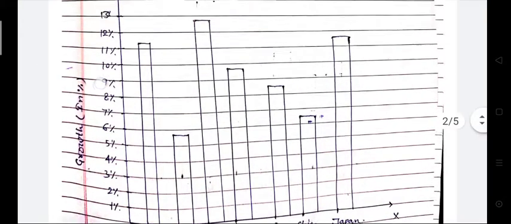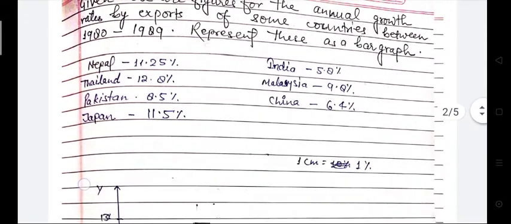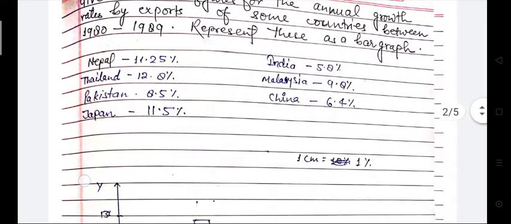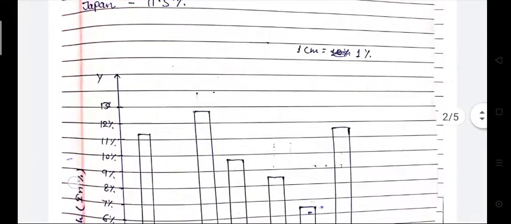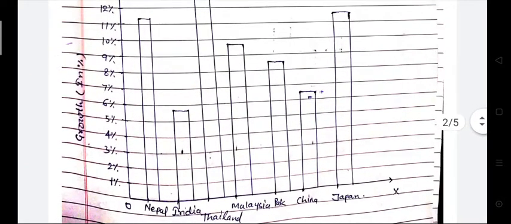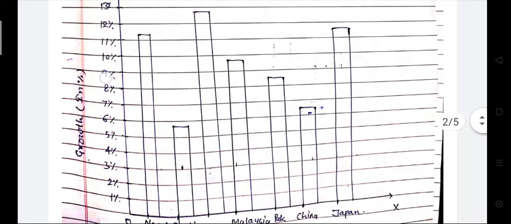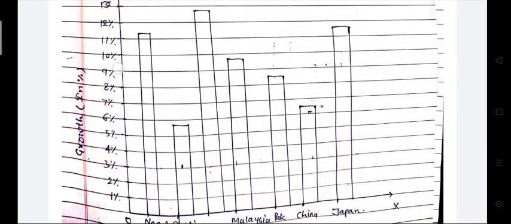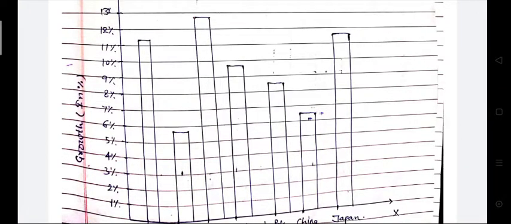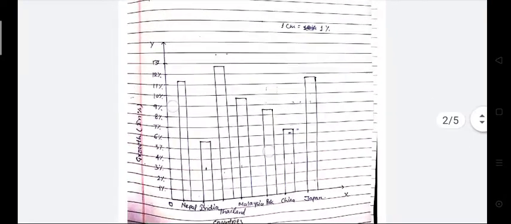As in the data it is given that the growth rate of the country Nepal is 11.25%, its bar is given here for Nepal. Here we can see the point of 11 where 11% is written, and the bar goes a little above, which represents the 0.25, that is the growth rate of the country Nepal.